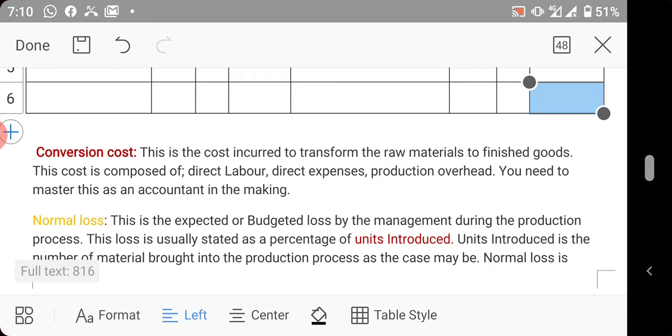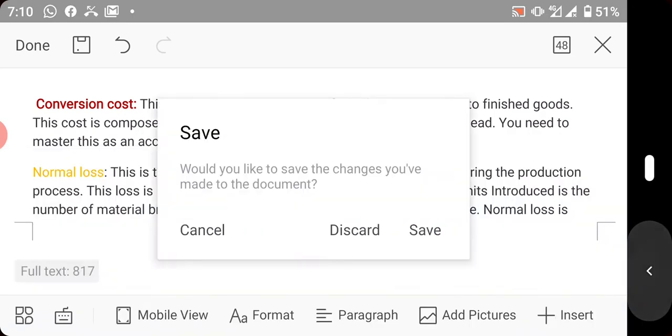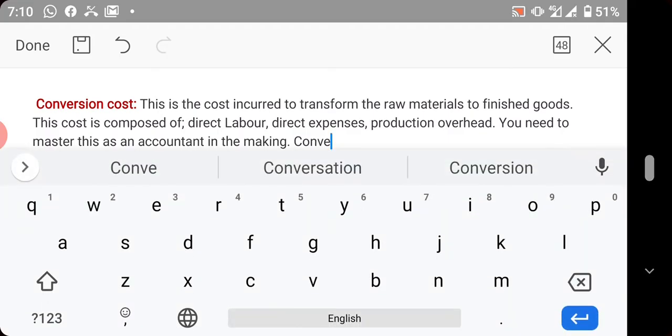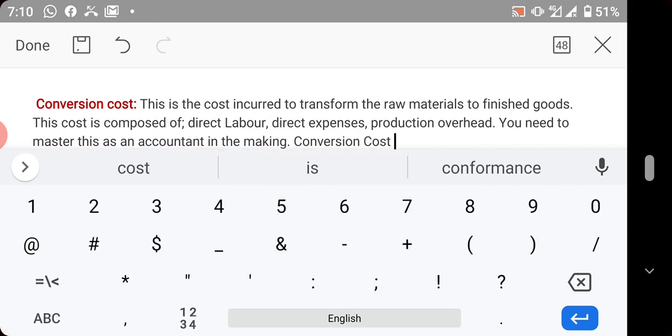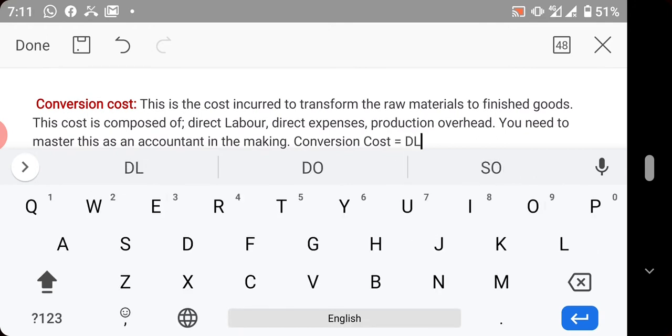Most of you might be used to this or not used to it, but note it today. The conversion cost is equal to direct labor, direct expenses, and production overhead. We can write this here. Conversion cost is equal to direct labor cost plus direct expenses plus production overhead.